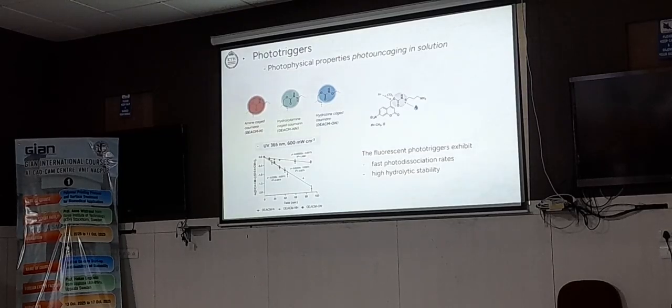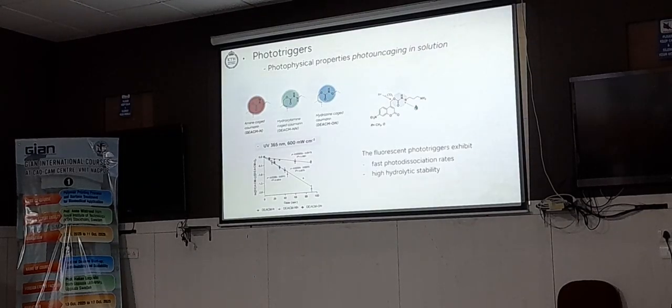And this is how the fluorescence decreases. You can see that if we irradiate the amine cage coumarin, the fluorescence is decreasing, as well as for the hydroxyamine cage coumarin and the hydrazine cage coumarin. So by just irradiating these, we can see that we can release the coumarin part.